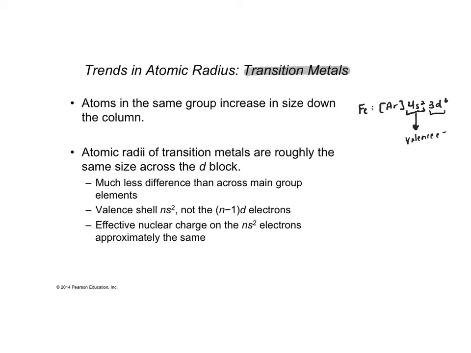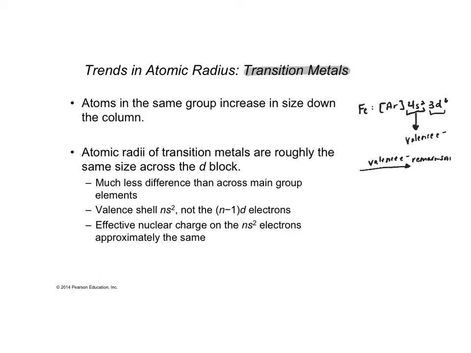And as we move from left to right across the transition metals, they stay the same. We have filled the 4s orbital first, the 5s orbital, whichever. We filled the s orbitals first before we move to the d's. So as we move from left to right, the valence electrons remain the same.